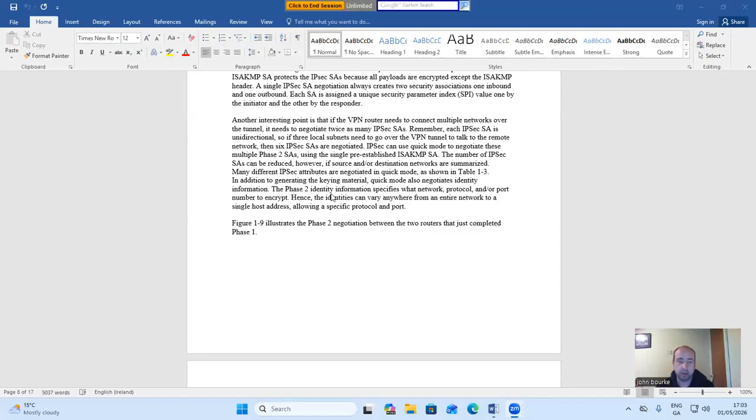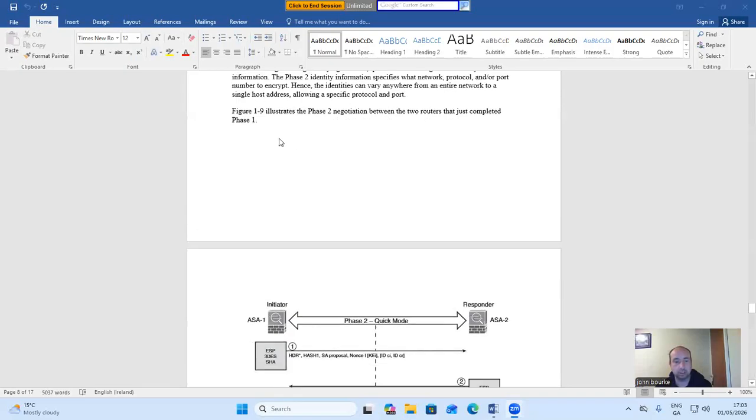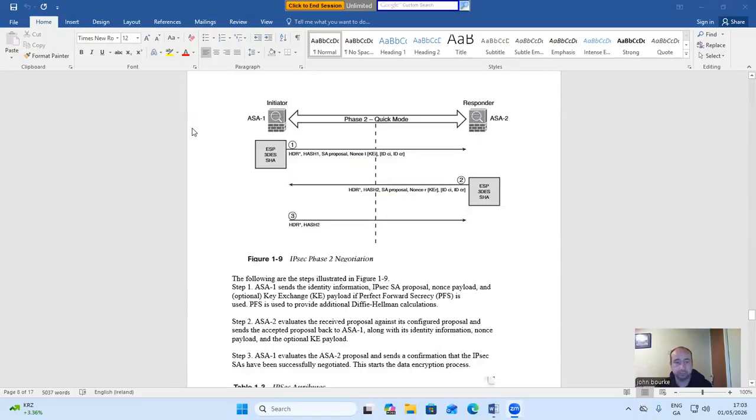The phase 2 identity information specifies what network protocol and/or port number to encrypt. Hence, the identities can vary anywhere from an entire network to a single host address, allowing a specific protocol or port. Figure 1.9 illustrates the phase 2 negotiation between two routers that just completed phase 1.